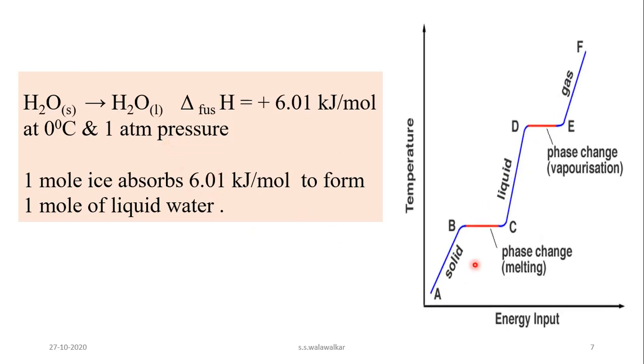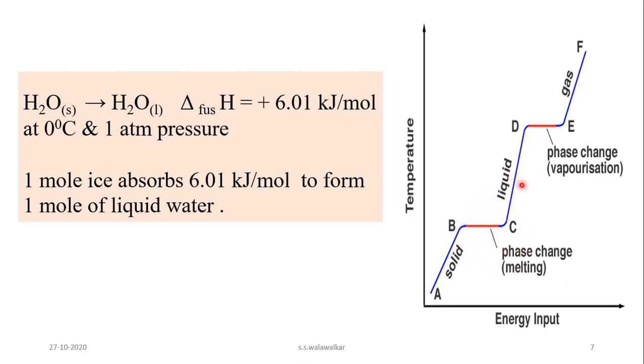So here in this graph it is shown that energy is absorbed when solid ice gets converted into liquid state, and that is the phase change. The red color patch shows the phase change.